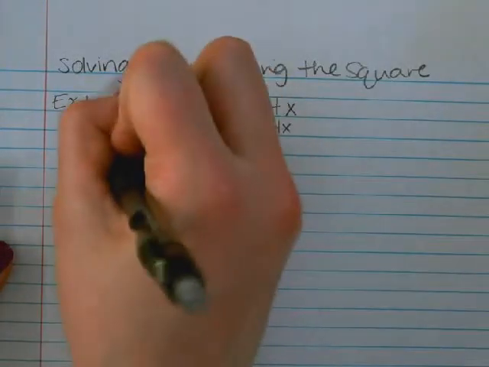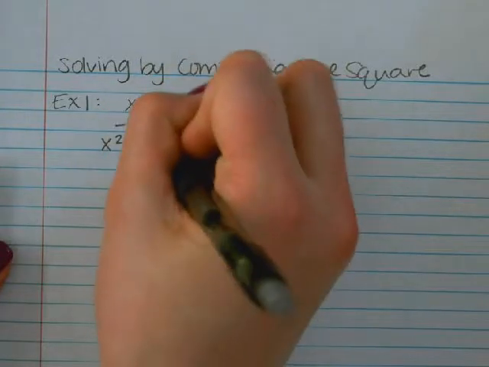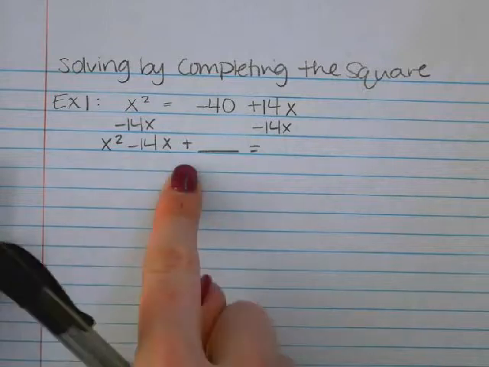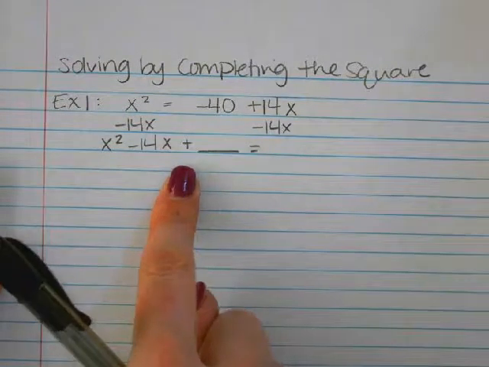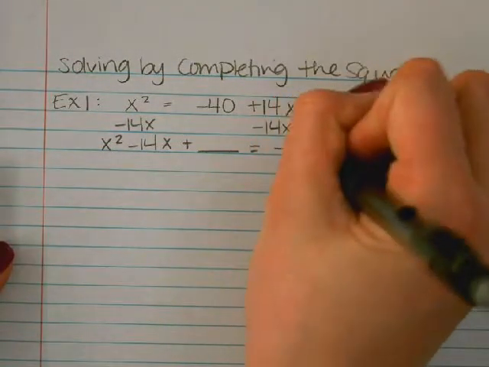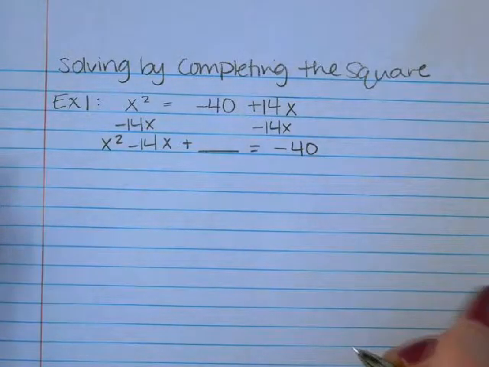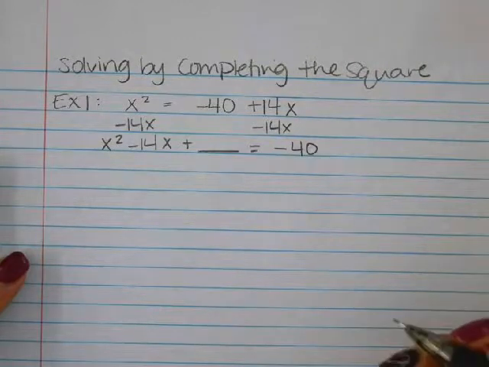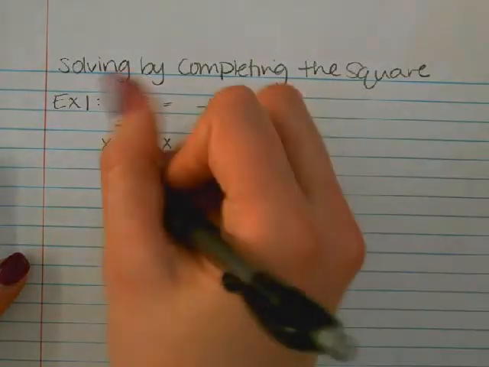I have x squared minus 14x plus something. So this is the side where we're going to be completing the square. And on the right side, I still have that negative 40 just sitting there. And now I'm going to go ahead and draw my square.